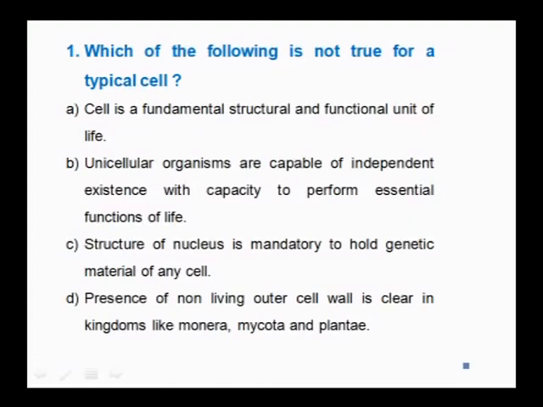D. Presence of non-living outer cell wall is clear in kingdoms like Monera, Mycota and Plantae. So, out of the four options, the statement which is not true is statement C. Structure of nucleus is not a compulsory structure to hold the genetic material, because nuclear structure is visible only in eukaryotic cells.